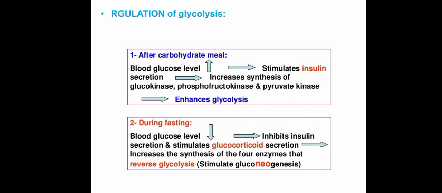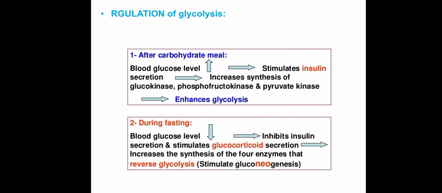Second, when we are not taking any food or meal, or somebody is in a fasting condition. The general idea is that when carbohydrate is present in our body, or we are taking a carbohydrate meal, the normal phenomenon is that the blood glucose level increases, which stimulates insulin secretion.